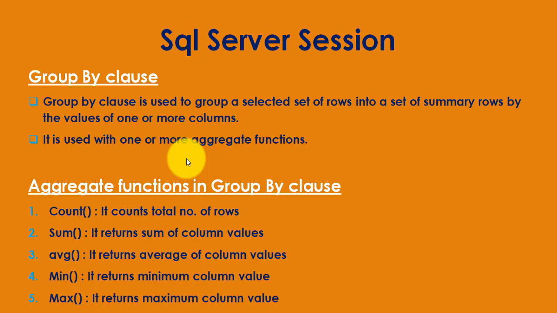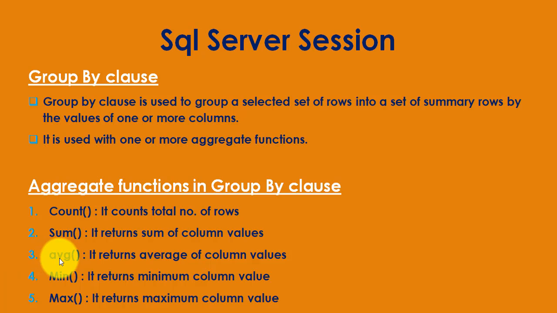So you can use multiple groupings using the group by clause, or you can use multiple aggregate functions using the group by clause. As for aggregate functions in the group by clause, the count function counts the total number of rows. The sum function returns the sum of column values, the total salary you already got in the previous query part.